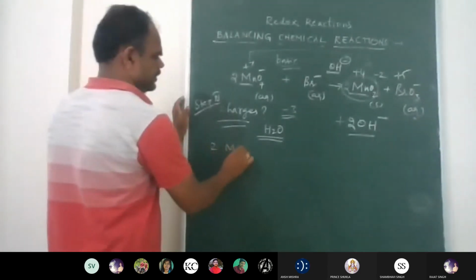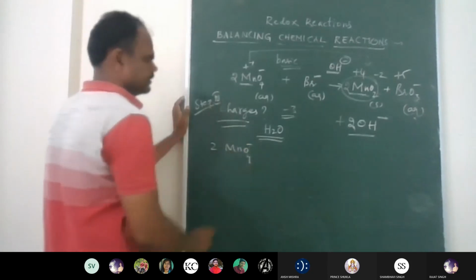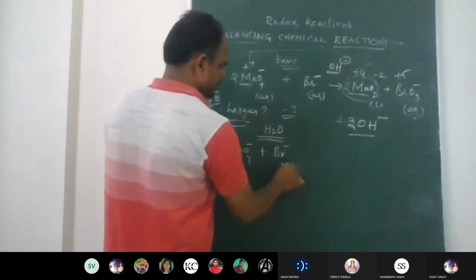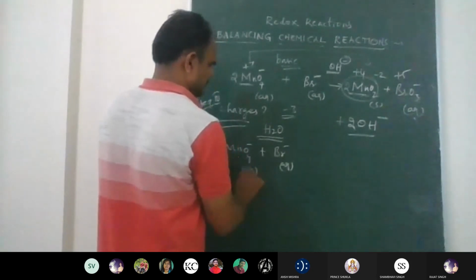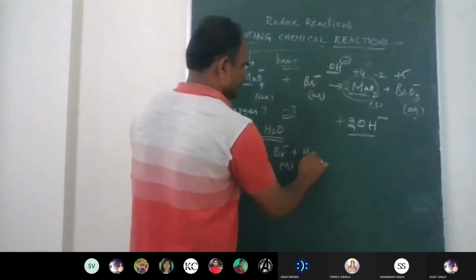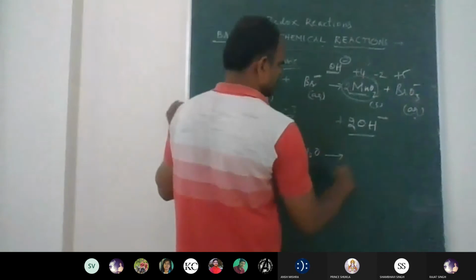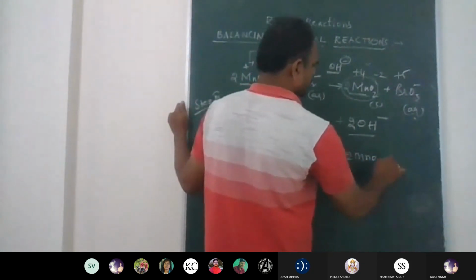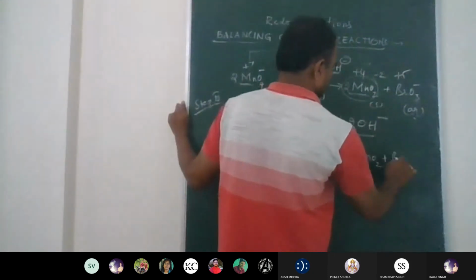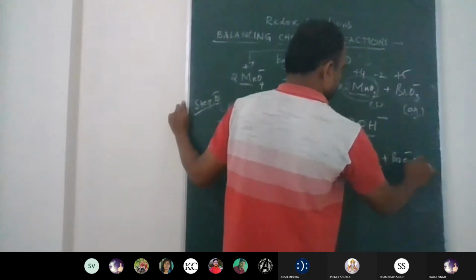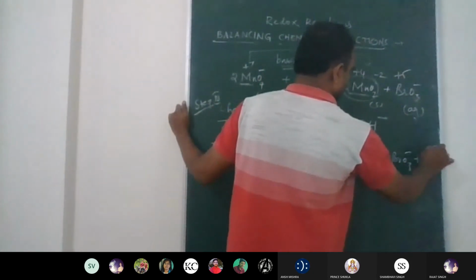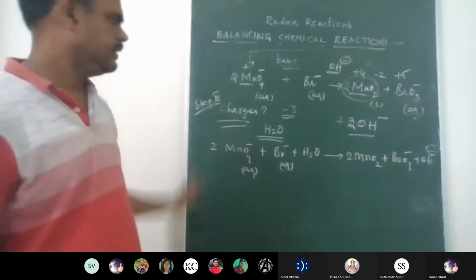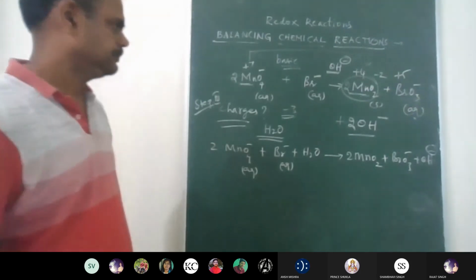2 MnO4 minus plus Br minus (aq) plus H2O gives rise to 2 MnO2 plus BrO3 minus plus 2 OH minus. So check whether all the atoms are balanced or not.